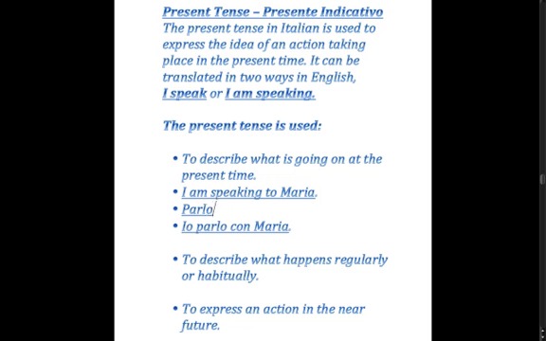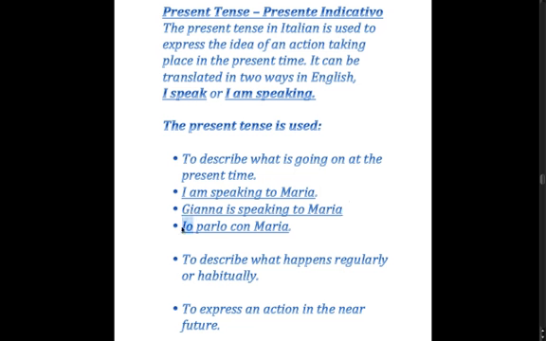If it was Gianna is speaking to Maria, then this ending will have to change.